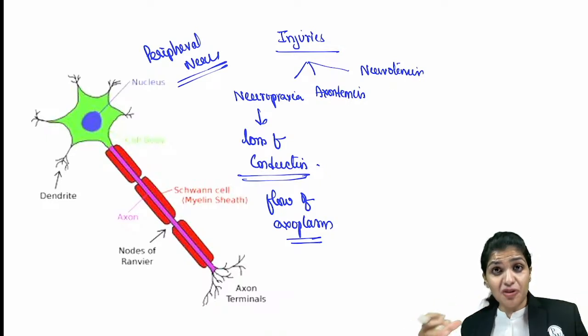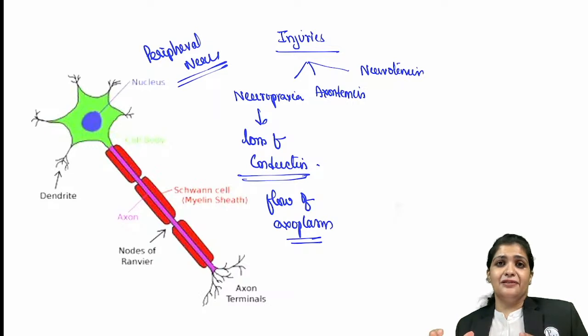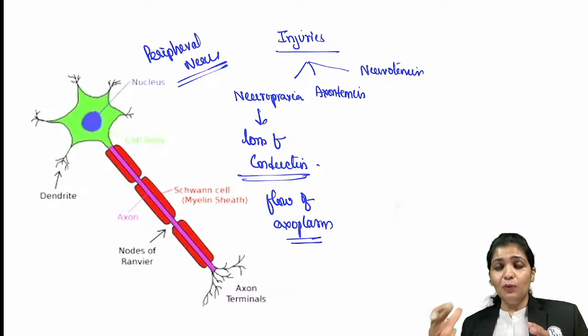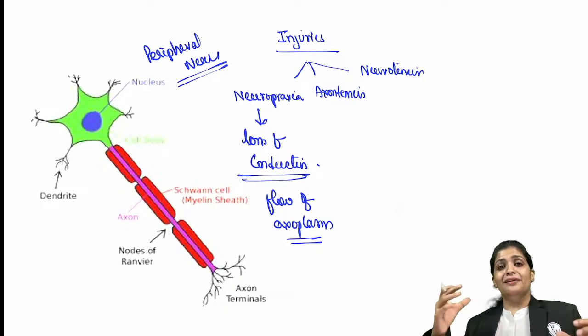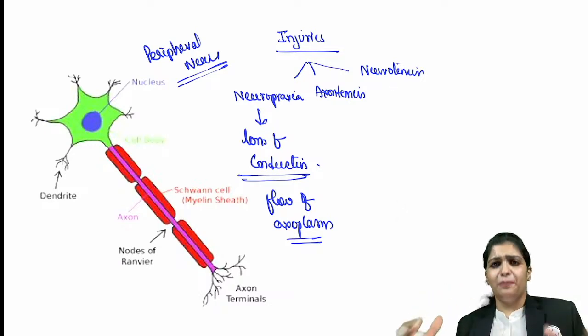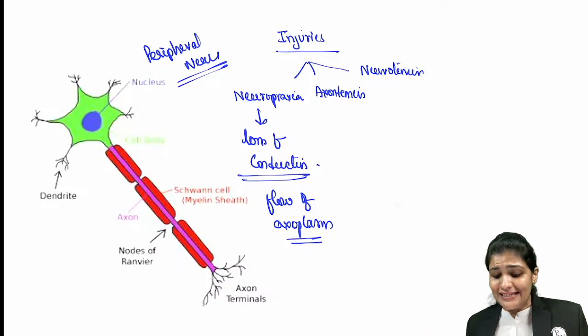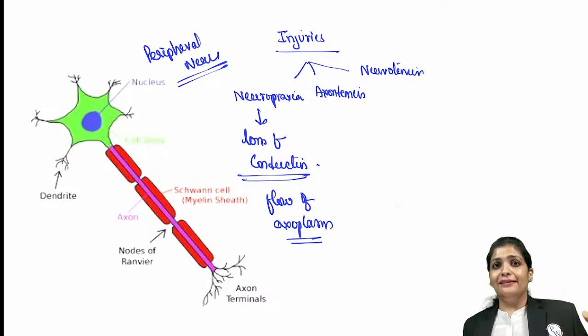This causes a stretch of the nerve, and nerves are very sensitive to pressure and vibration. So whenever there is some abnormality happening around the nerve, you will see what is called neuropraxia. Neuropraxia is that condition where the nerve is entirely intact but there is a block in the flow.